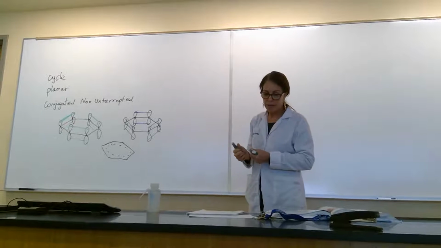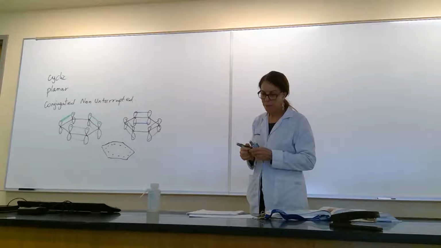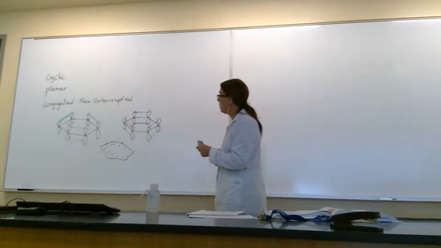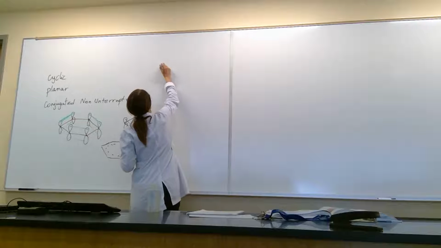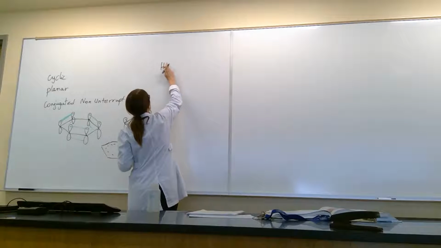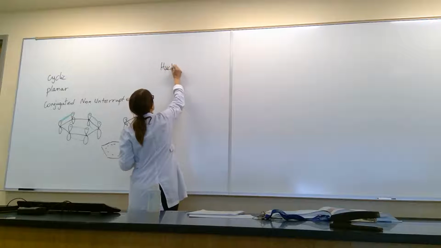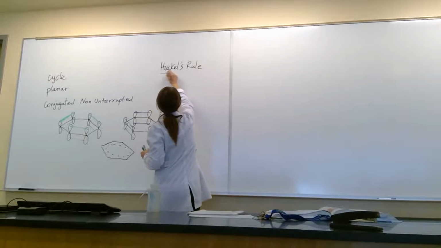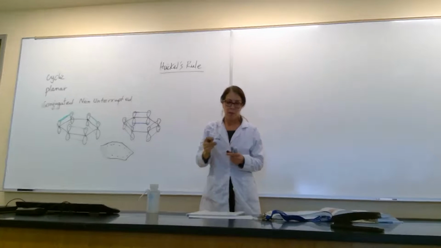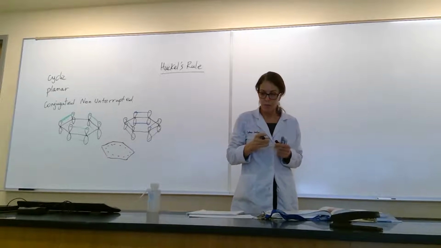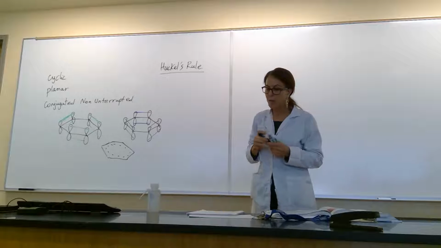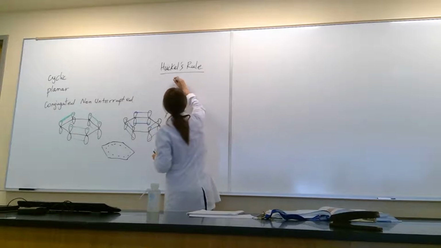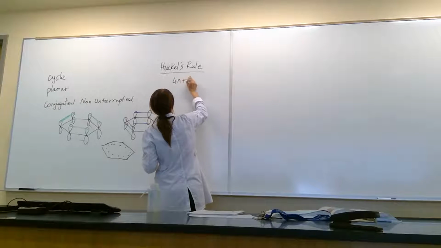And then another important thing is that they follow Huckel's rule. So what is Huckel's rule in terms of electrons? It says to be aromatic, you have to have 4n plus 2.